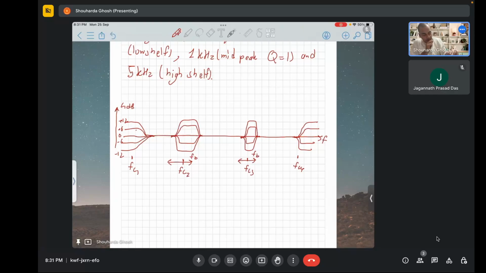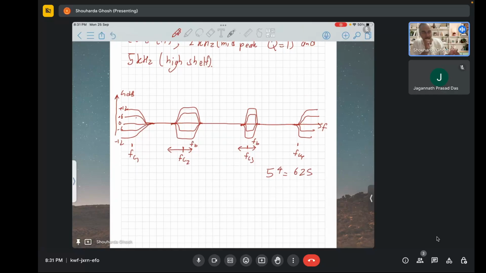There are actually 5 to the power 4, which is how much? 625 choices of frequency response. This 625 doesn't really matter, but I wanted to show you an idea of how, with the filters kept fixed, just using the gain knobs you can get a good variety of frequency responses.